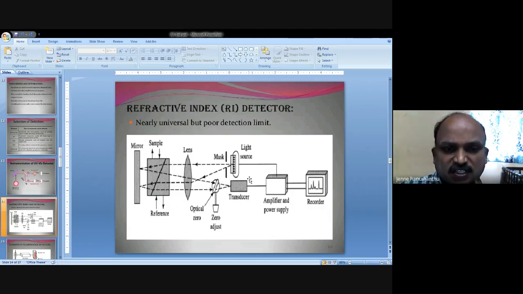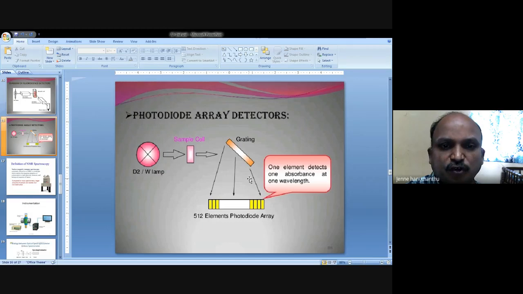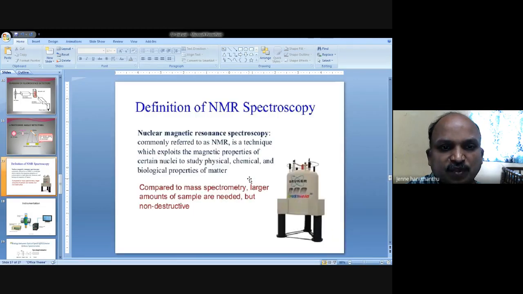We will see this one later, right? And the fluorescent detector and photodiode array detector, and NMR. We will see NMR in the next class, right?